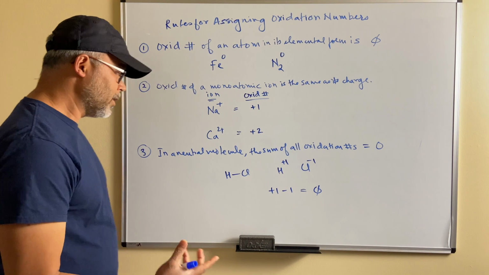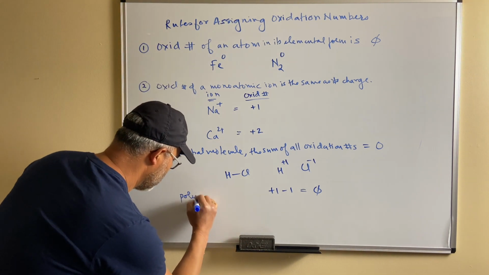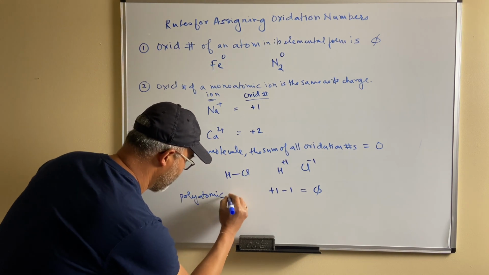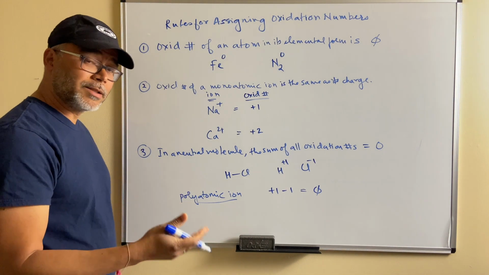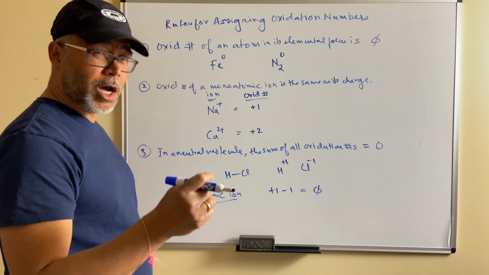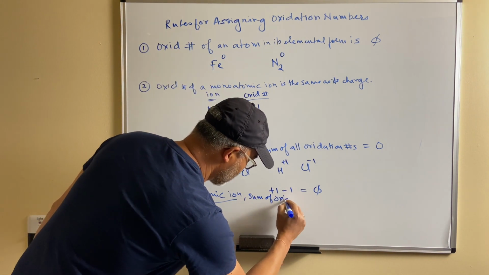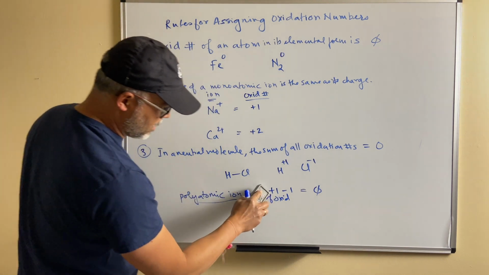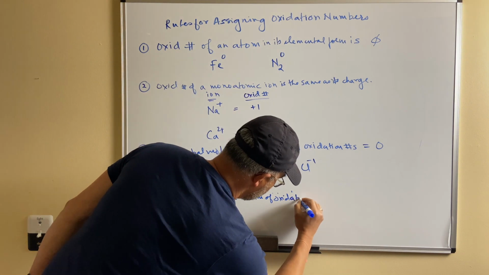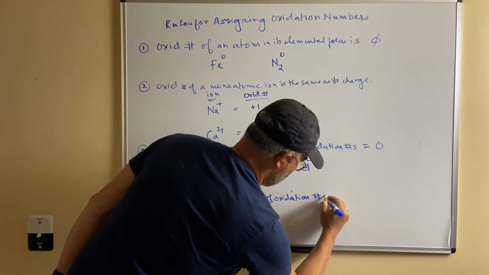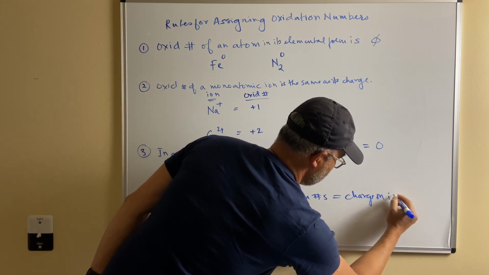Now, by the same logic, if you have a polyatomic ion, the sum of all the oxidation numbers should equal the charge on the ion. I'm going to erase this so I can create some space. The sum of oxidation numbers should equal the charge on the ion.